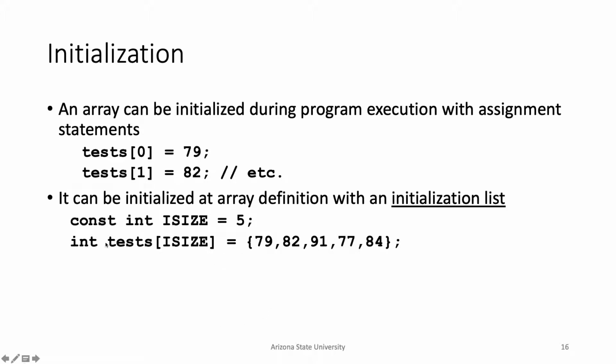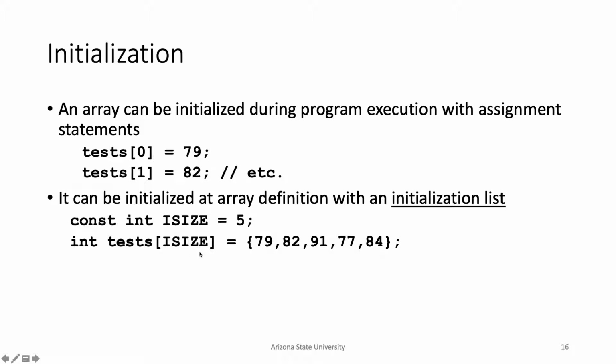Instead of just creating an array like this, and then setting index 0 to this, index 1 to this, index 2 to this, you can use an initialization list, just initialize the entire thing all in one line. So it's a little nicer to look at.